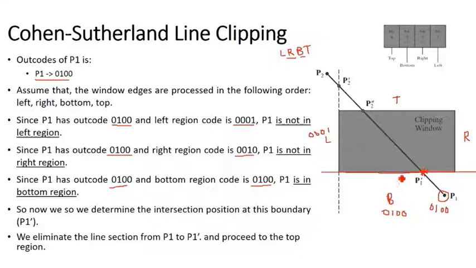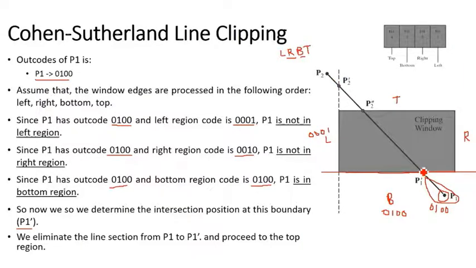I consider my bottom line of the clipping window. I take this intersection point and now I call this intersection point P1 dash. Now what will I do? I will ignore this portion. I'll delete this portion, meaning to say I'll take the line from P2 to P1 dash and I repeat my operation.